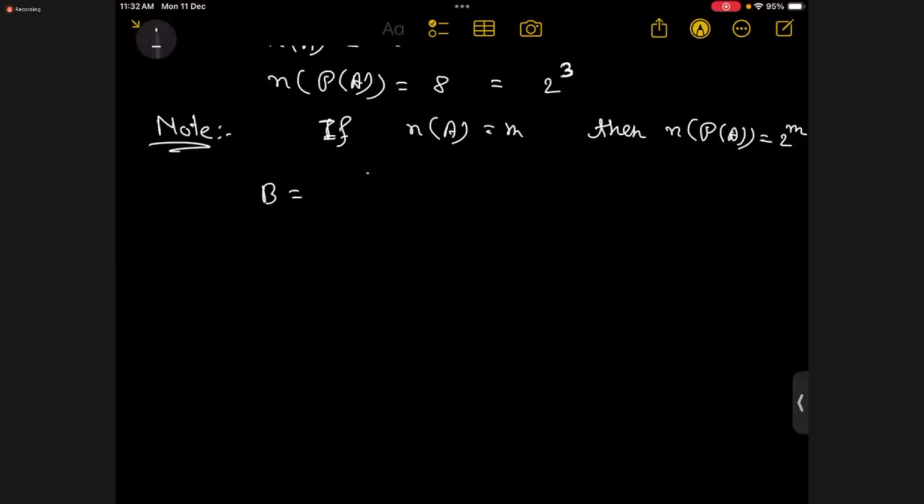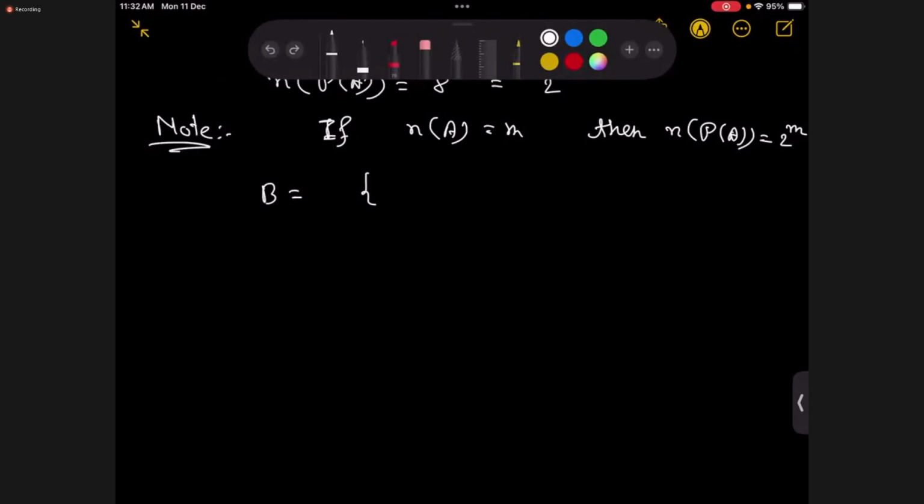Like whatever set we take, suppose B equals the singleton set 5. Then the power set is phi and singleton 5. And why are we putting the second bracket? Because we know exactly how many elements there are, so we can explicitly write each element of this set.